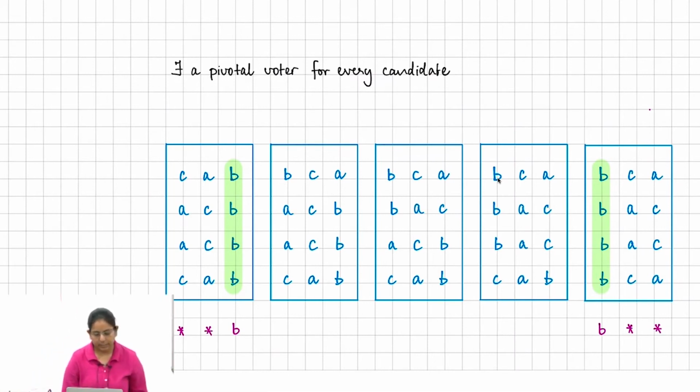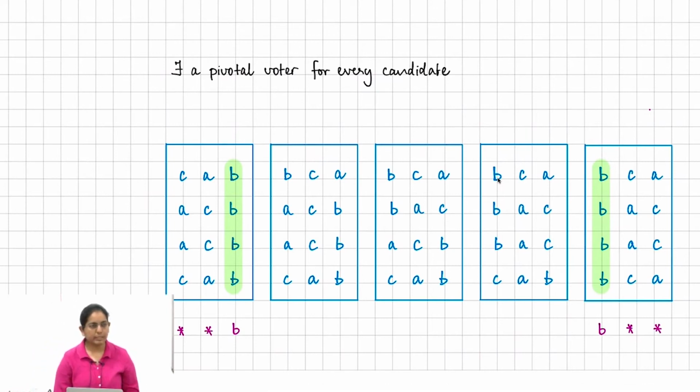We know that B is, what is the nature of B in all the intermediate profiles? It is polarizing, right? It's always at the top or at the bottom.